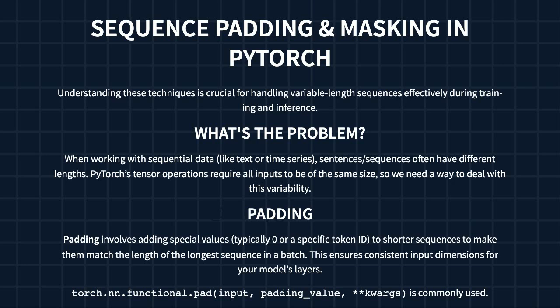Think of it like filling in blanks. Then, masking tells the model which parts are real data and which are just padding. It's a Boolean tensor: true for actual data, false for padding. The mask is then used during calculations so the model ignores those padded values, preventing them from messing up your training process. It's a really important technique when working with dynamic sequences.